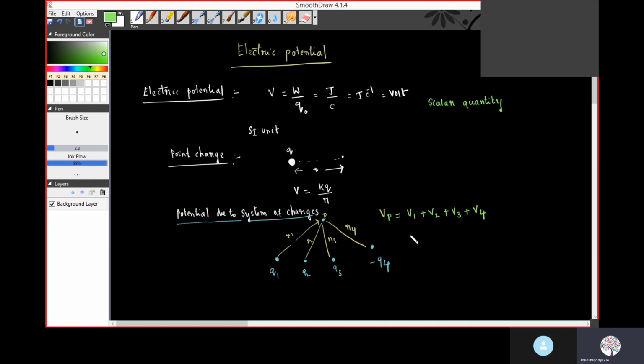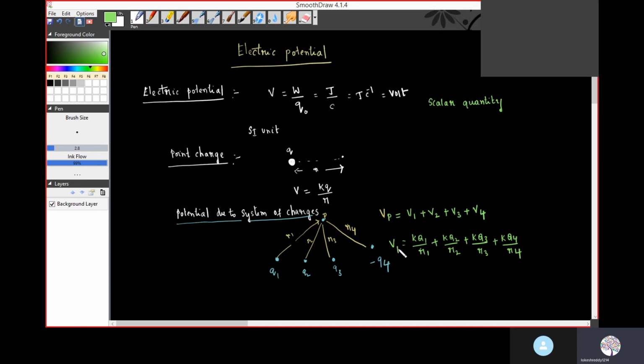So here I will write kq1 by r1 is V1, plus kq2 by r2 is V2, and kq3 by r3 is V3, plus kq4 by r4 is V4.